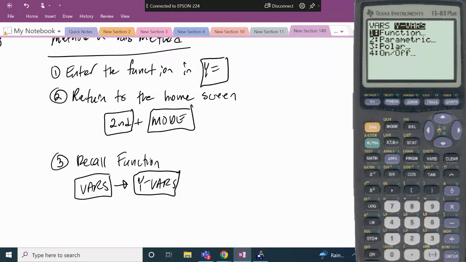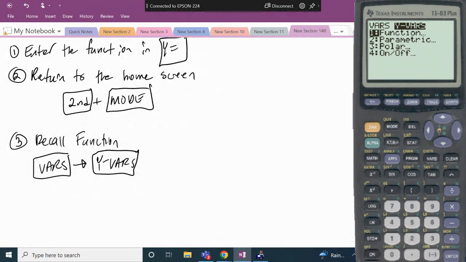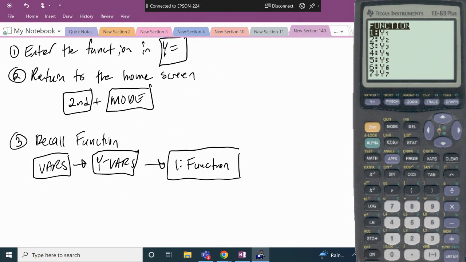I'm going to hit okay, and then we want function. Then I want to hit enter.